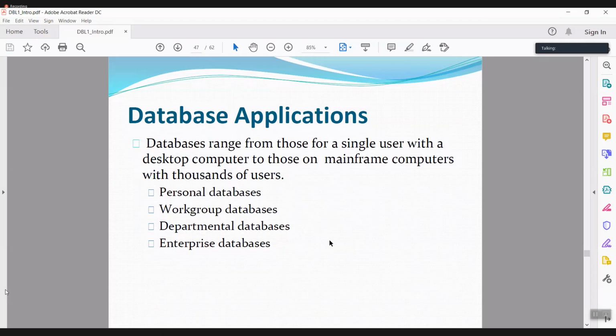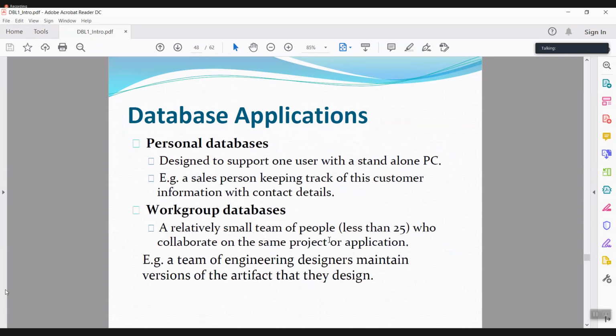This slide shows the smallest one is the personal one. The next one, work group, is bigger than the personal one but smaller than departmental. The departmental one is bigger than the work group one but smaller than the enterprise. The enterprise database is the largest database application we are talking about.